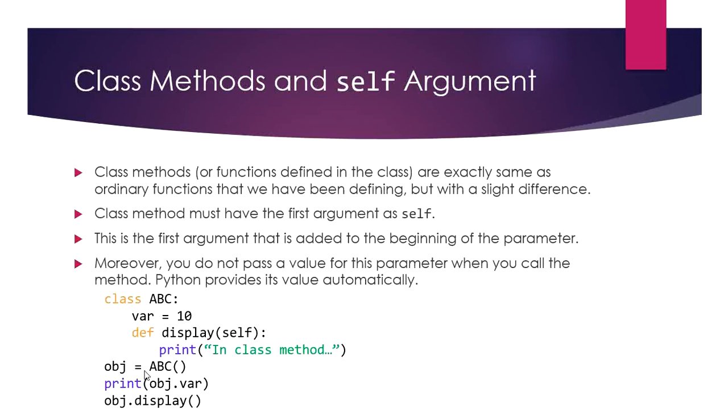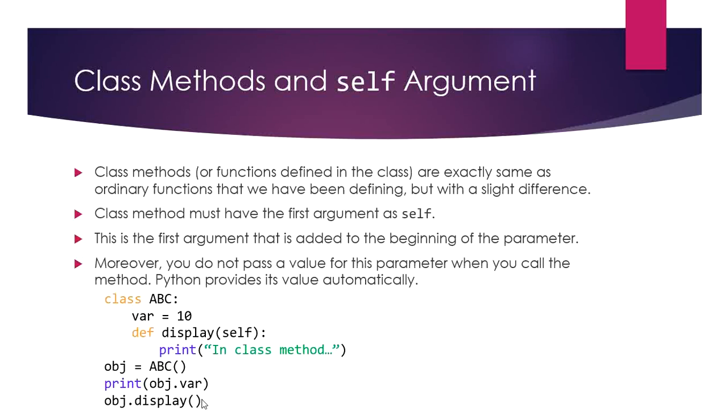But there is one difference between accessing the two. With the method we have parentheses, and with the variable we don't. And you can see we are not passing any argument when we call that method outside the class.